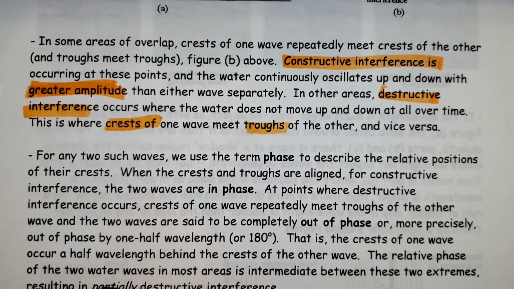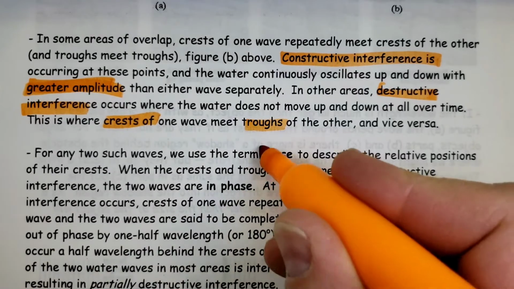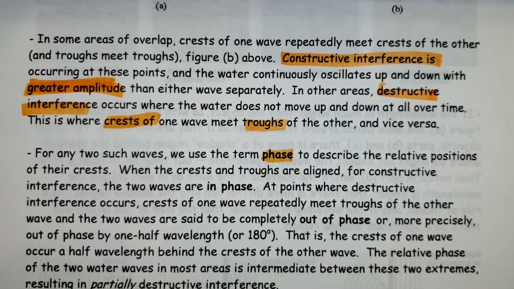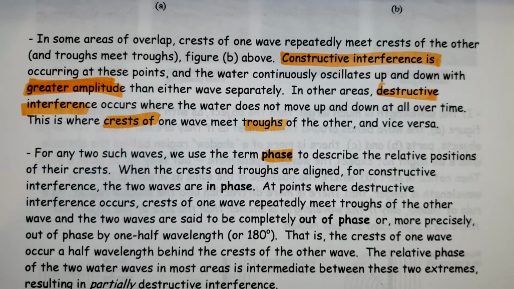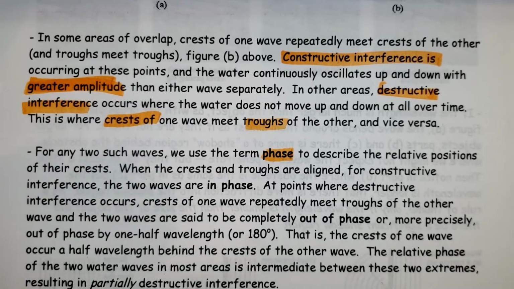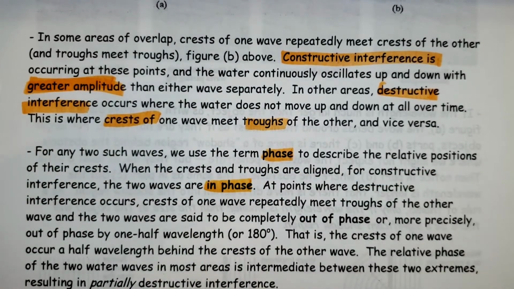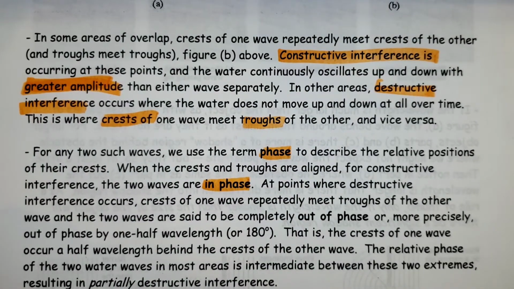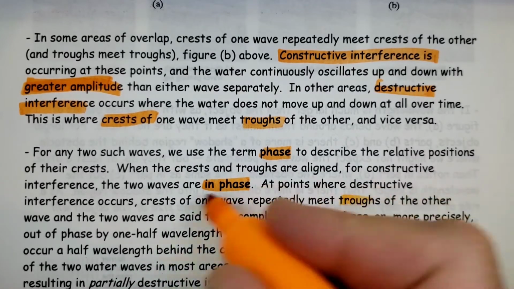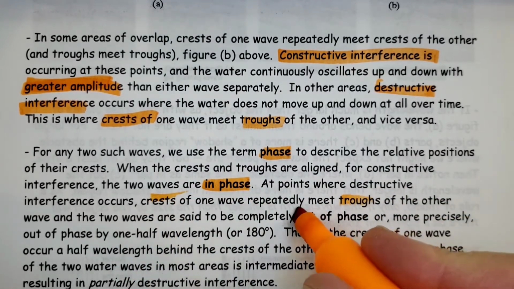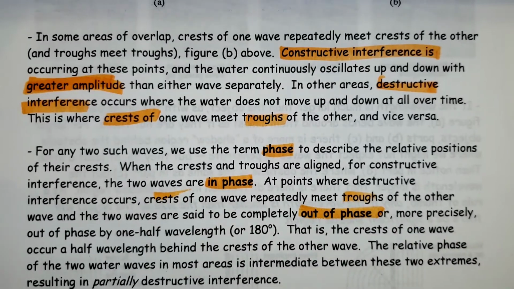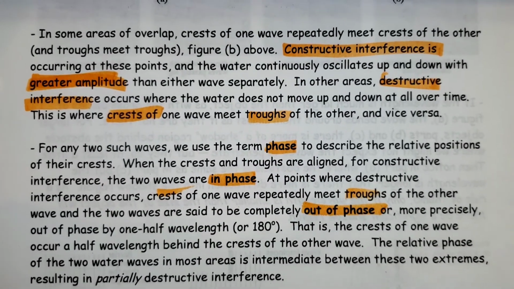For any two such waves, we use the term phase to describe the relative positions of crests. When crests and troughs are aligned for constructive interference, the two waves, we say, are in phase. So where a crest meets a crest, or where a trough meets a trough. At points where destructive interference occurs, crests of one wave meet troughs of another, so those are out of phase, 180 degrees out of phase, because we have a crest meeting a trough.